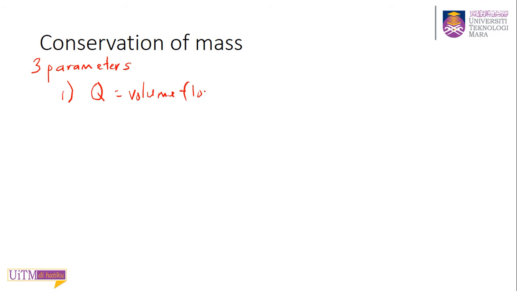Flow rate means per time, since you calculate the rate, so it must be over time, per second. So the unit for volume flow rate is meter cubed over second.